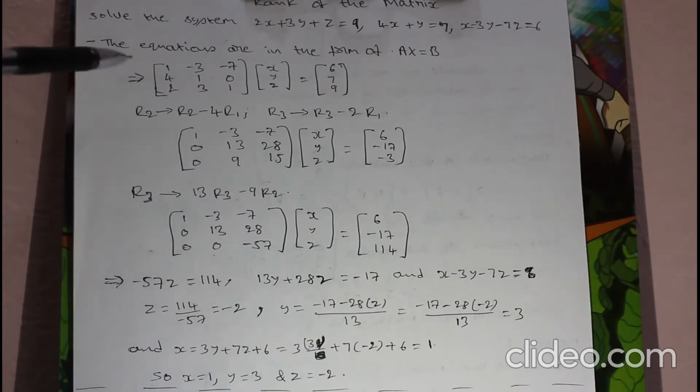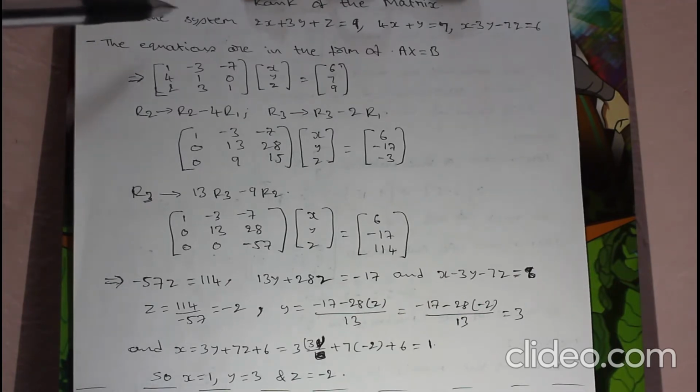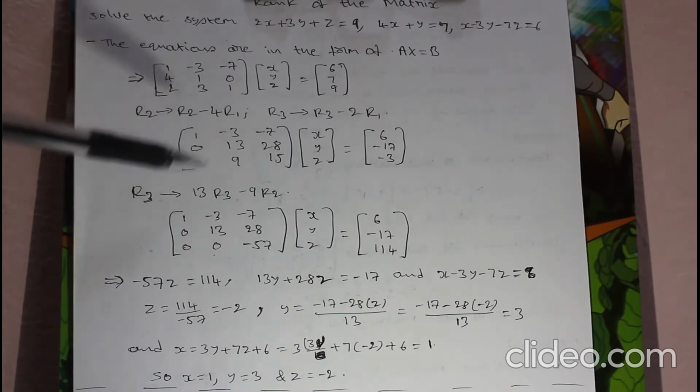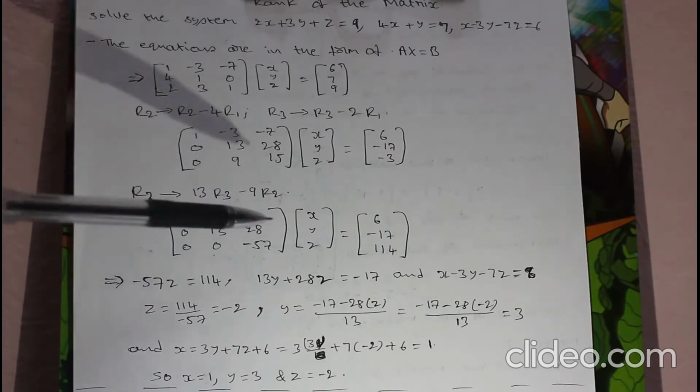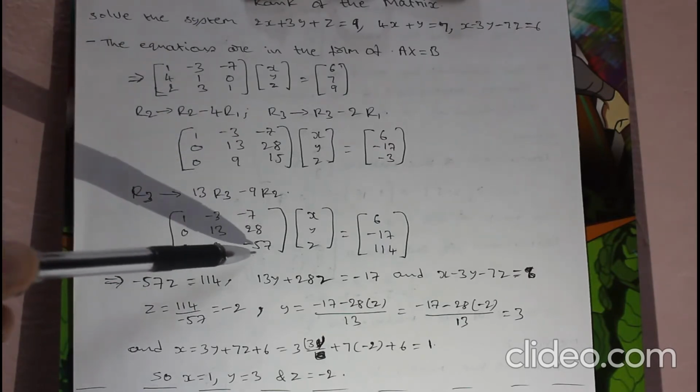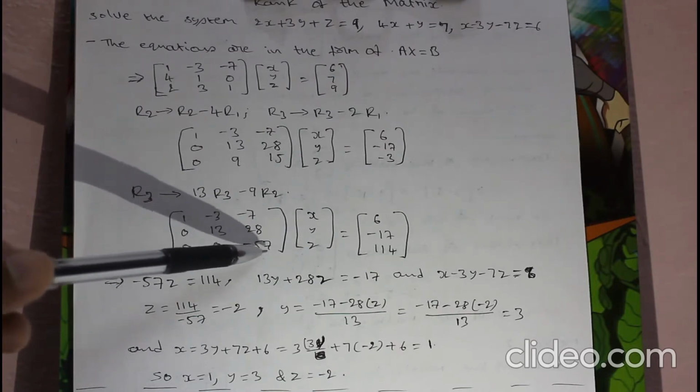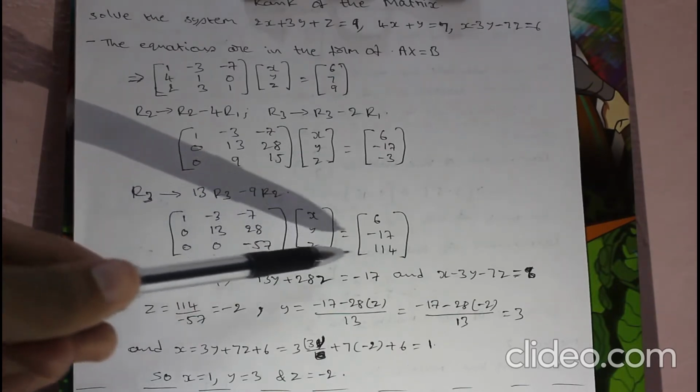So observe the question carefully. It is not asked to calculate the rank of the matrix. It is asked to solve the system of equations. That means we have to find the x, y, z values, not the rank of the matrix. So further operations are not required, because here we already got minus 57 into z is equal to 114.